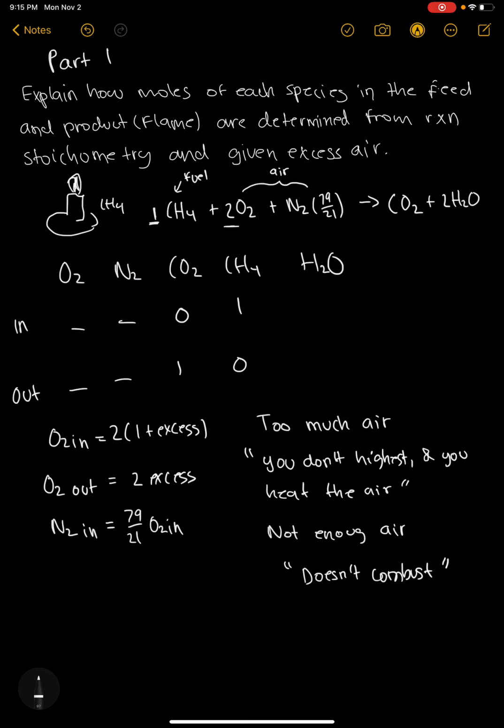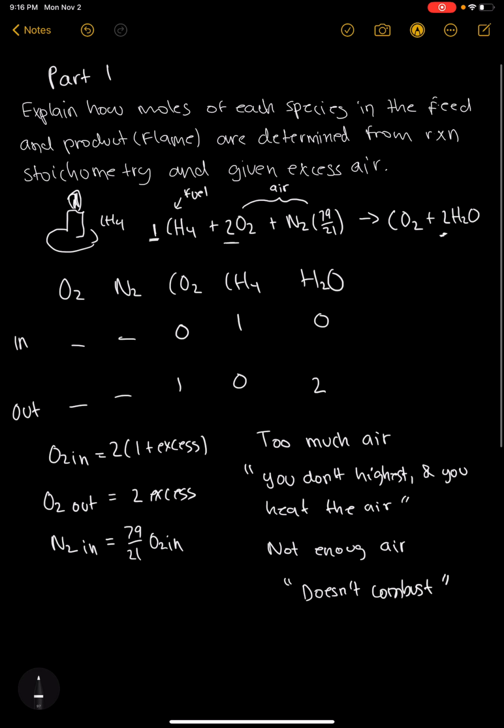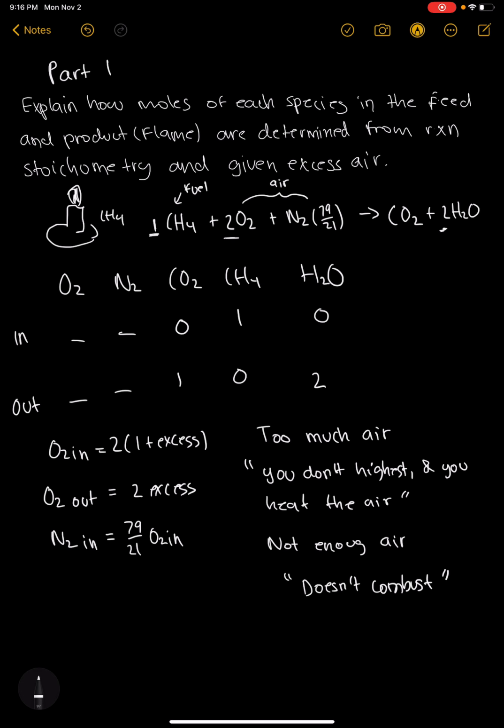For the H2O, we start out with 0 moles, and in the end, we have 2 moles of H2O. This is from the equation. So I believe that answers all the parts of the question. So that's it for part 1.